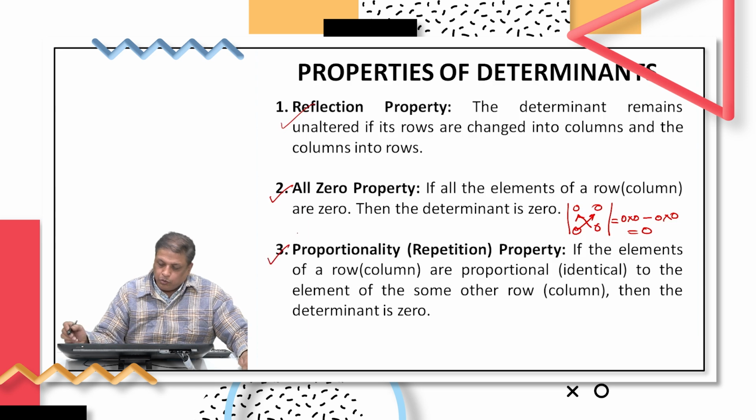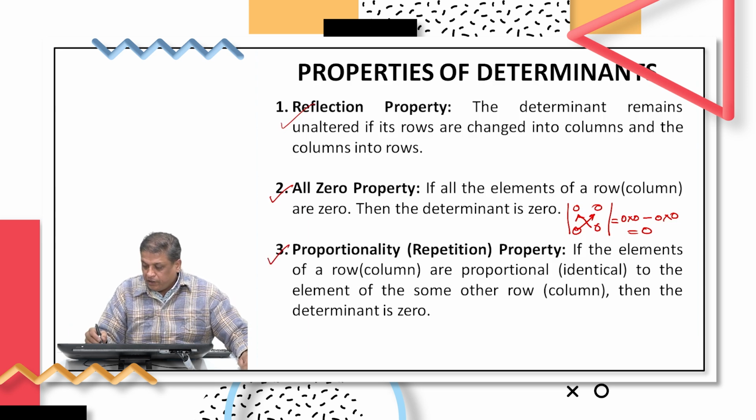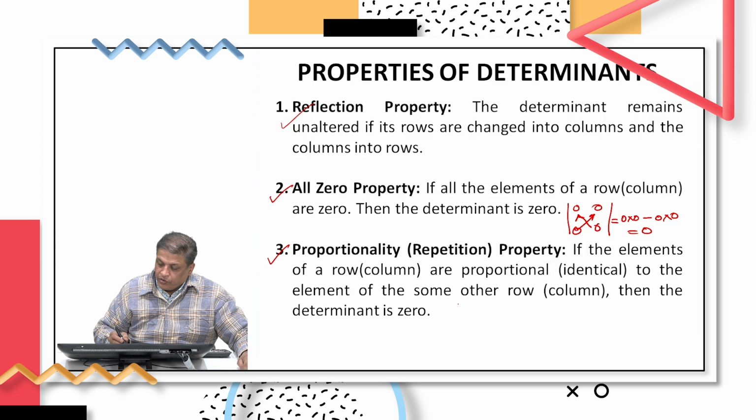Next, we have the proportionality repetition property, which says that if the elements of a row or column are proportional or identical to the elements of some other row or column, then the determinant is 0.